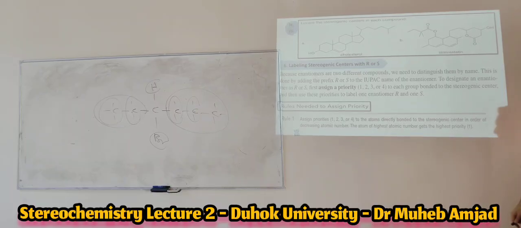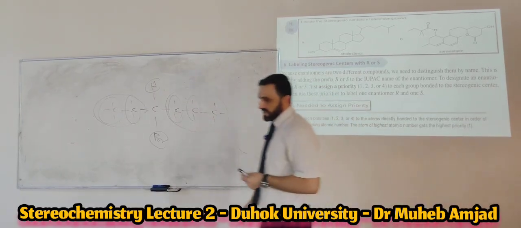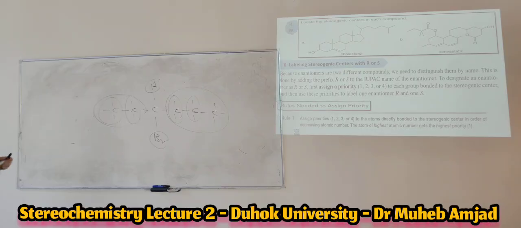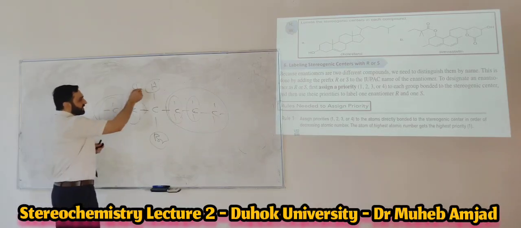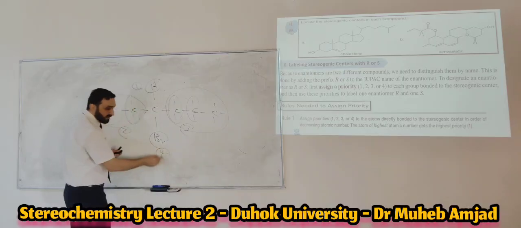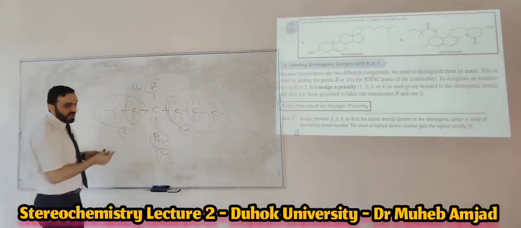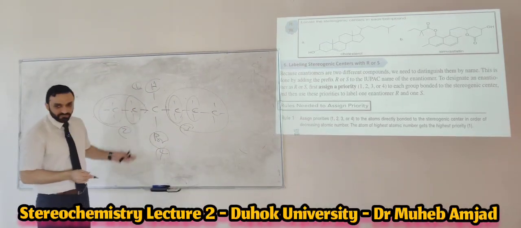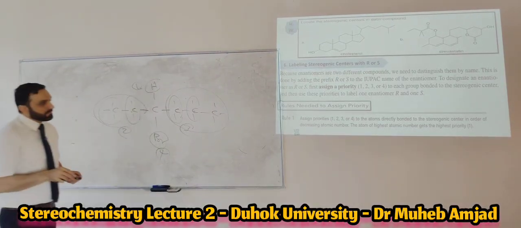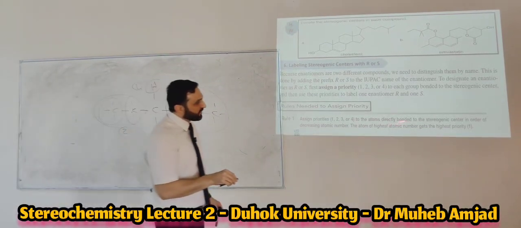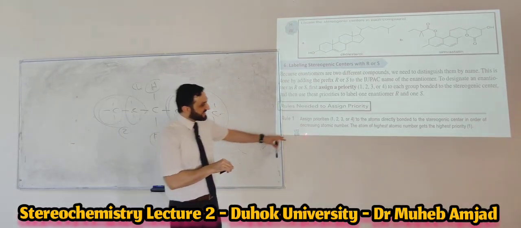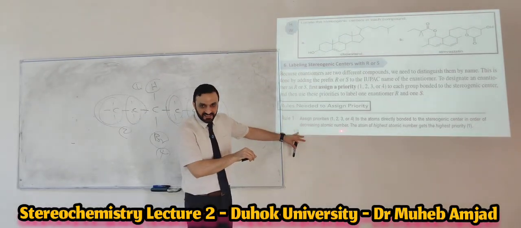Okay, number one, these are the rules for the priority. For example, this group will be number 1, this group number 2, this number 3, this number 4. For example, I have to put numbers here, 1, 2, 3, 4. So, assign priority 1, 2, 3, 4 to the atoms directly bonded to the stereogenic center in order of decreasing atomic number. Decreasing.